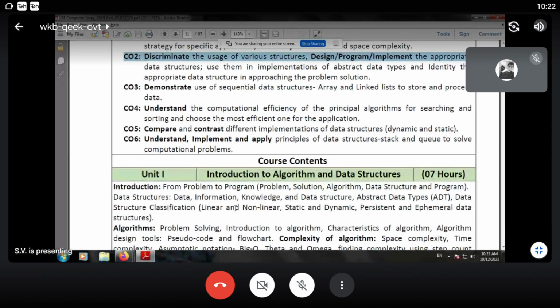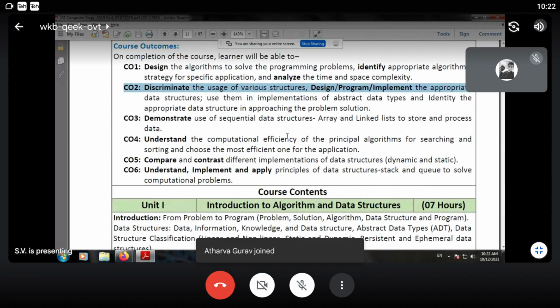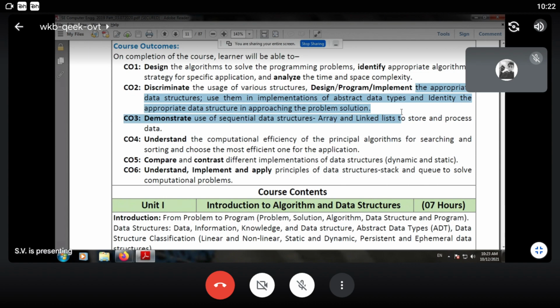So upon selection of the particular data structure, if you have the knowledge of selection of data structure, you will choose the appropriate design. Then you have to write the algorithm and then implement the program. So this is the objective of CO2.